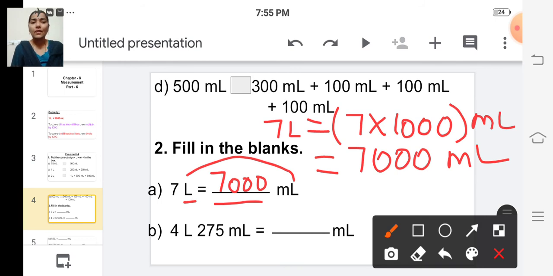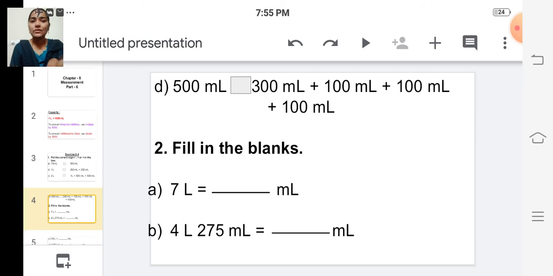And the next question, 4 liter 275 milliliter is equal to dash milliliter. So we have to convert that into milliliter. For that, what we have to do? In the first step we have to convert this 4 liter into milliliters, and in the second step we have to add this 275 milliliter.